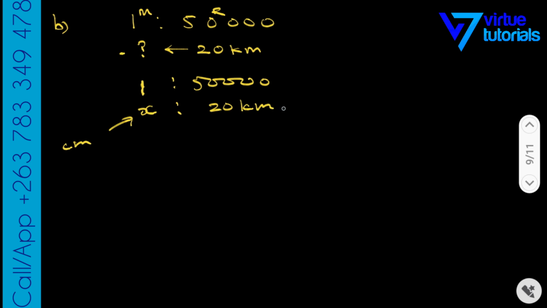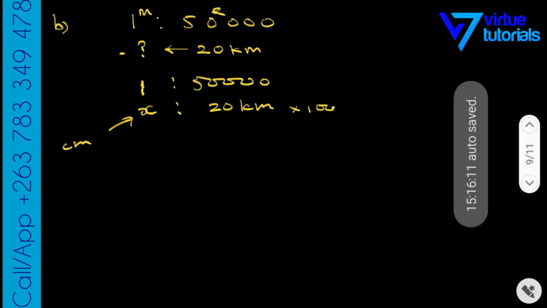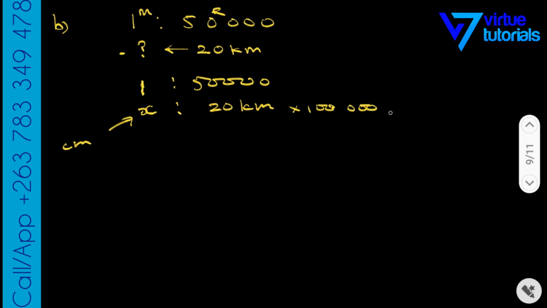You simply multiply by 100,000, because 1 kilometer is 100,000 centimeters. So 1:50,000, and then X is to 2 million. If you multiply that, it gives you 2 million centimeters there.